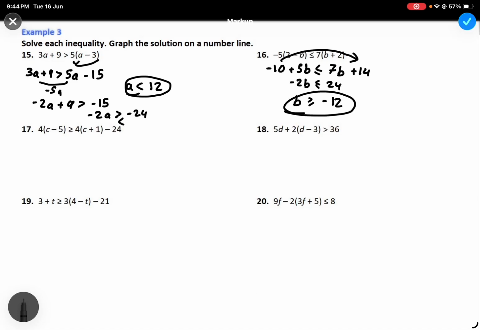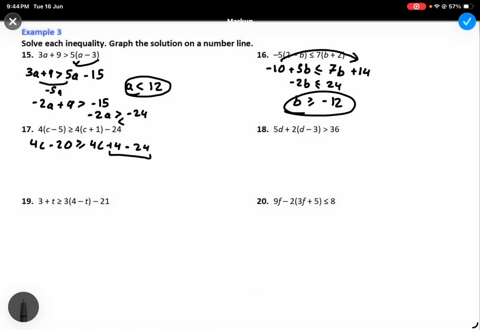That's it. For question 17, we're going to distribute again. We got 4 multiplied by c, which is 4c. And then 4 times negative 5 is negative 20. So 4c minus 20 is greater than or equal to, and then we distribute again. 4 times c, 4c. And then 4 times 1 is 4, and then minus 24.